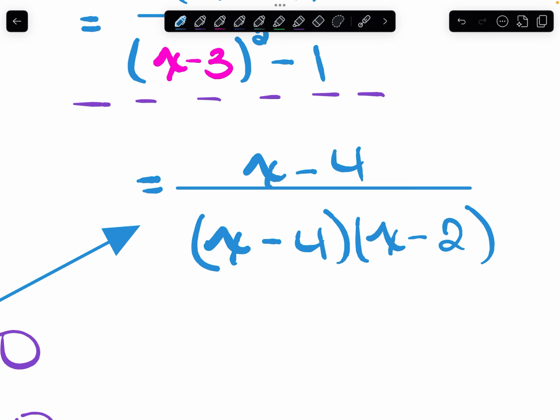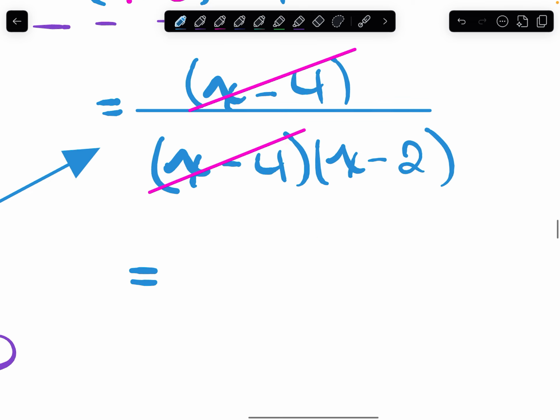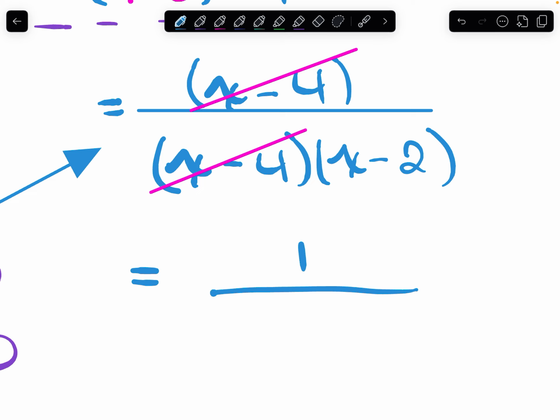And if you look closely, notice our numerator in factored form is the exact same as one of the factors in our denominator. So these two are going to divide out and be gone. Anytime you lose an entire numerator, a 1 holds its place. So this function simplifies to 1 over x minus 2.